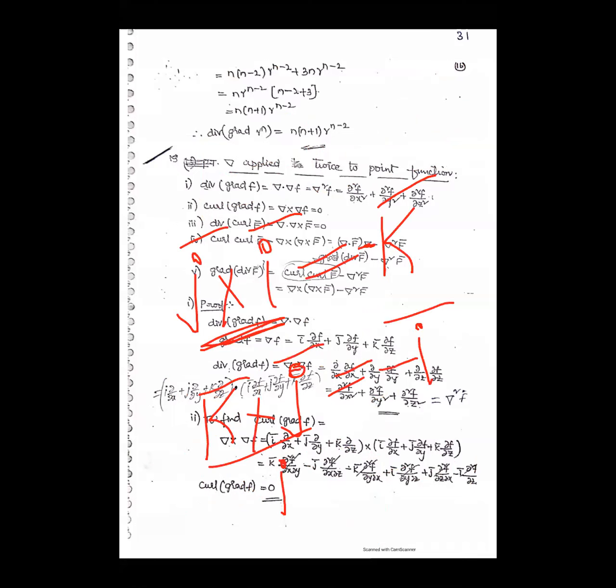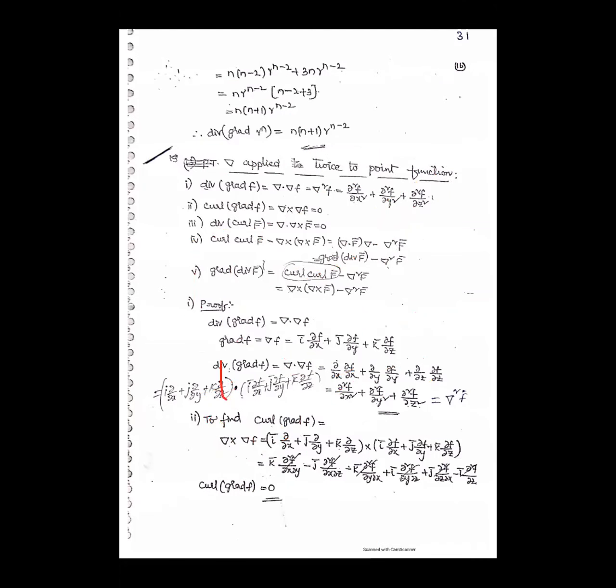Also i cross k is equal to minus j. So the same vectors with respect to cross give 0. Different vectors with respect to cross give the next forward value. In the same cyclic order it is positive, in reverse cyclic order it is negative. So we use this condition.